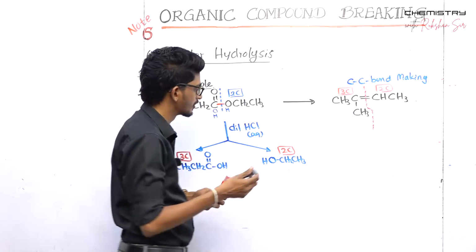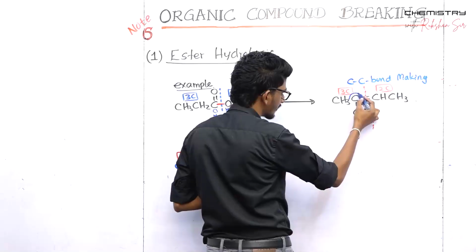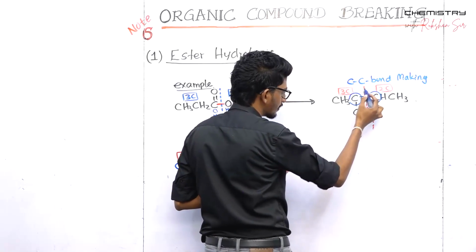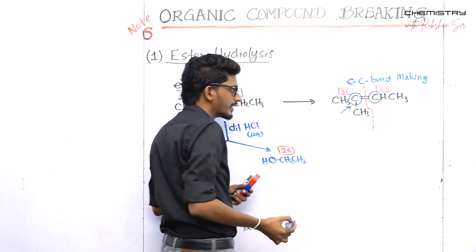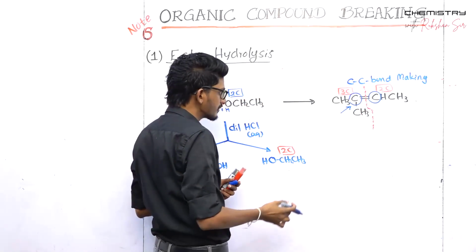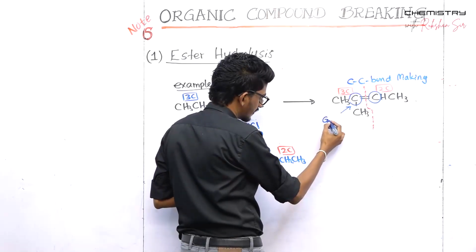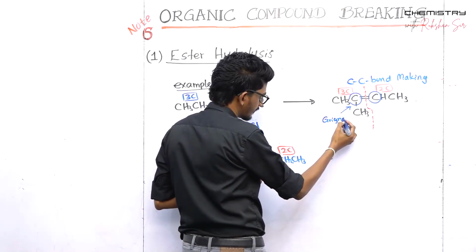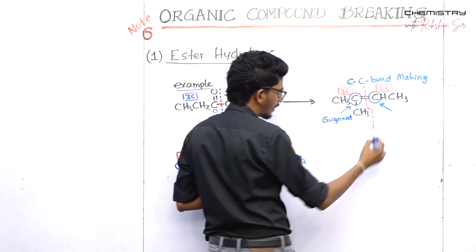Anyway, I'll use the Grignard technique to join the 2 carbons. These are the 2 carbons which will ultimately connect. This carbon is coming from the Grignard, and this one is coming from the carbonyl.